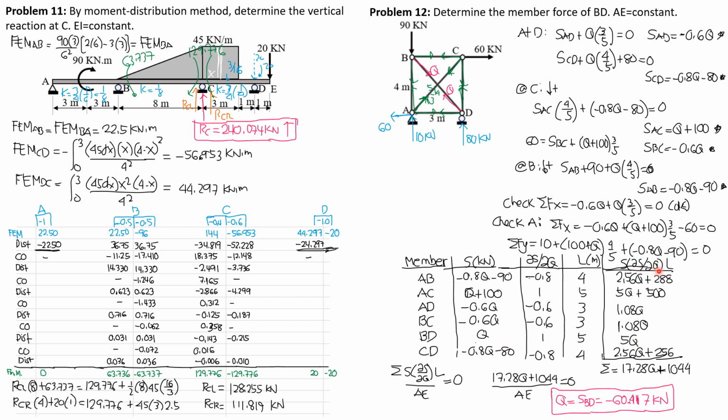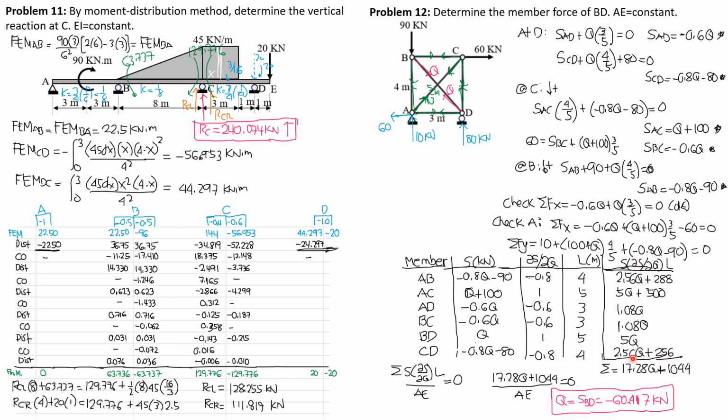The product is the partial of S with respect to Q times L. Then finally CD, negative 0.8 Q minus 80, partial derivative negative 0.8, the length is 4. Obtain the product, it is 2.56 Q plus 256.